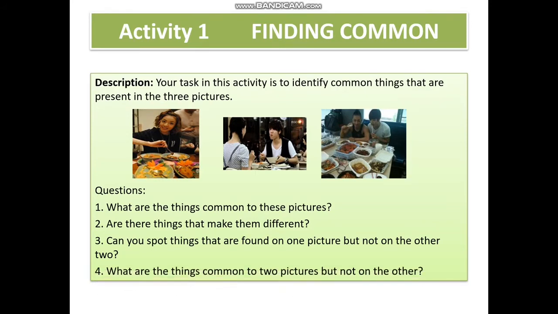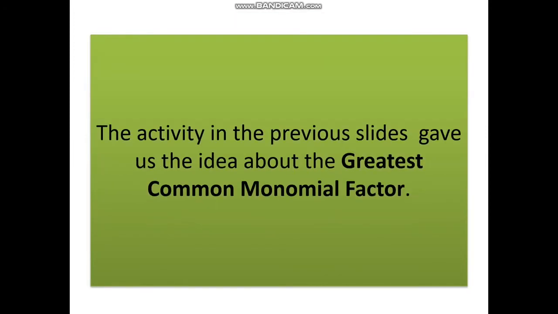For number 4, what are the things common to 2 pictures but not on the other? Okay, so 3 and 4 are almost the same because the 2 pictures have two people, while in the other one, Sandara is eating alone. Okay, so the activity in the previous slide gave us the idea about the greatest common monomial factor.